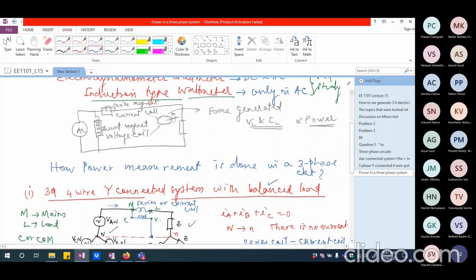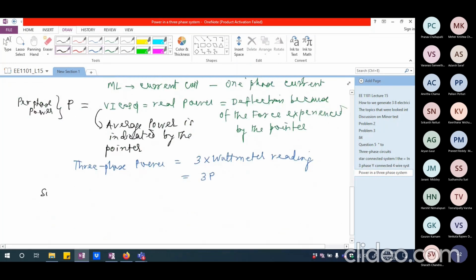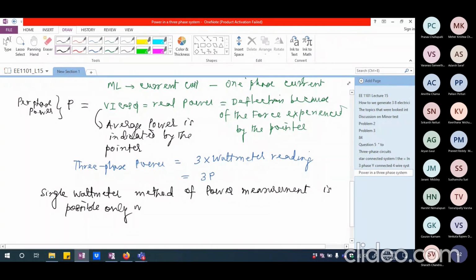So this is generally called the single wattmeter method. So I can say the single wattmeter method of power measurement can be implemented, or it is possible, only in a 3-phase 4-wire star connected system with balanced source and balanced load.